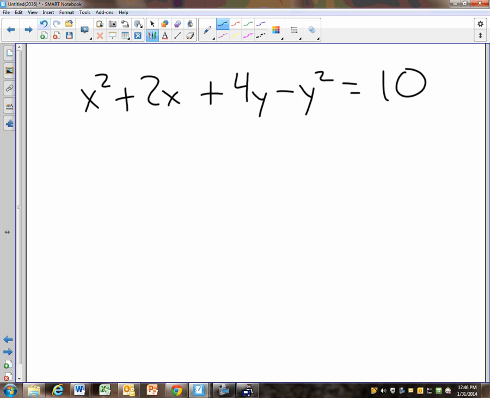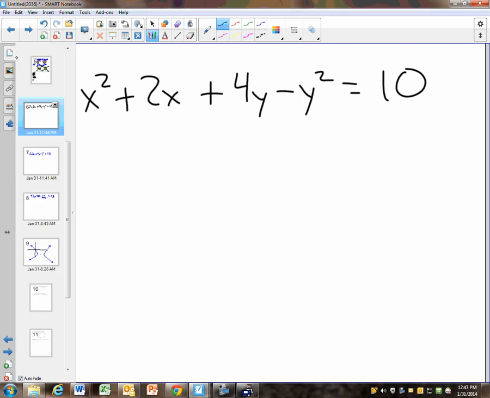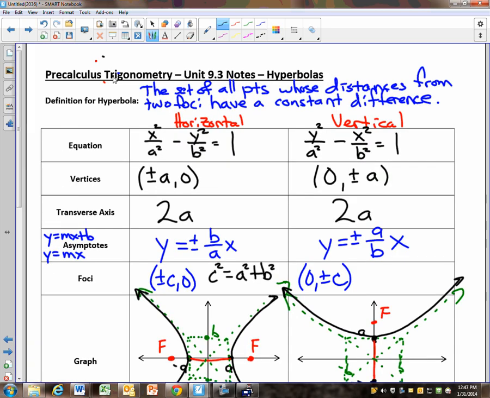I can also tell it's not a circle because circles also have just positive values. I can tell it's not a parabola because parabolas don't have both values squared. Hyperbolas have both squared and one that's negative. I'll teach you how to do that on Tuesday, but we have to focus on which value is positive and which is negative. That's uber important to your success moving forward.